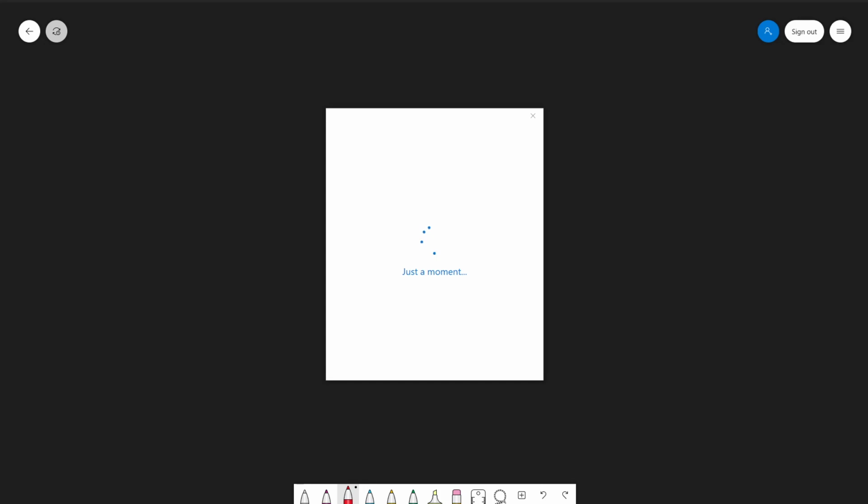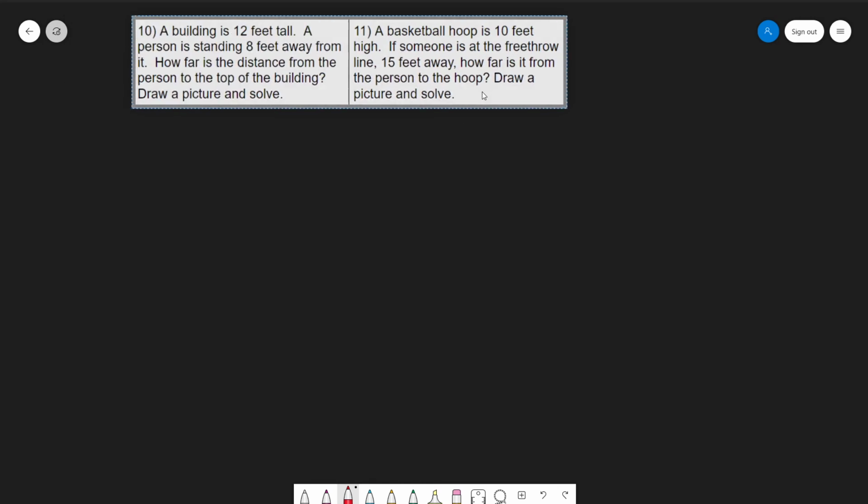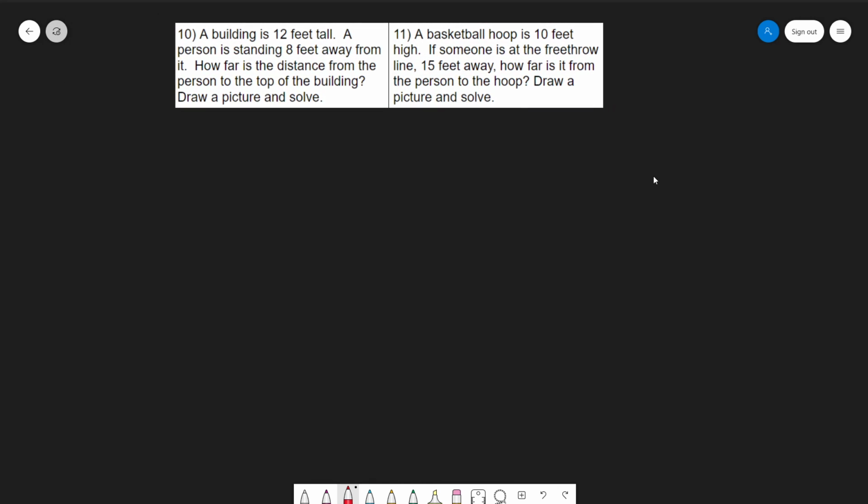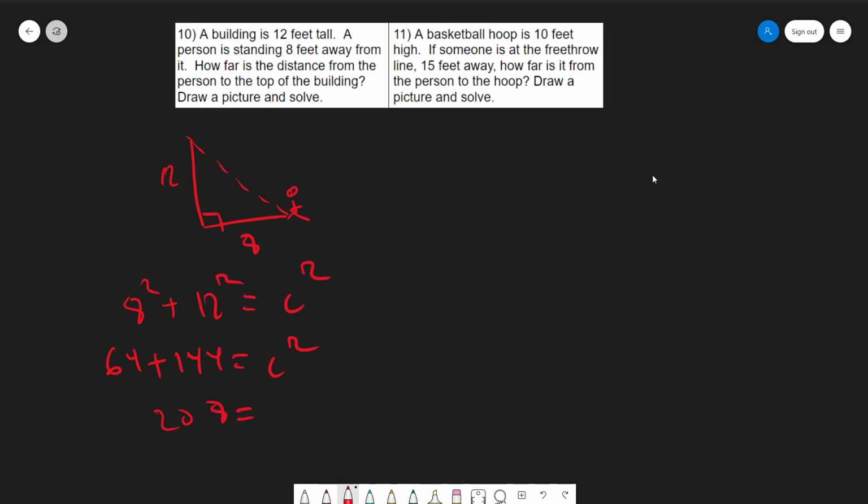And let's look at this last one, 10 and 11. Now I gave you a situation. So a building is 12 feet tall and a person is standing 8 feet away from it. So we got our building, 12 feet tall, our person 8 feet away from it. How far is the person from the top of the building? Same deal. We got an 8 squared plus a 12 squared is equal to C squared. 64 plus 144 is equal to C squared. Looks like a 208.